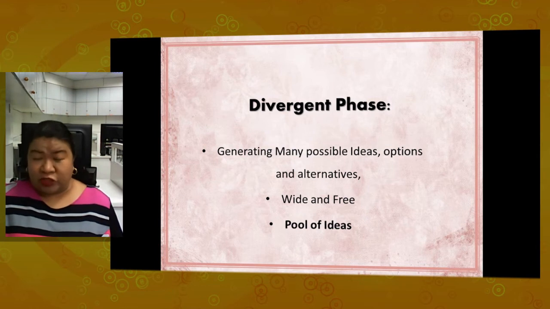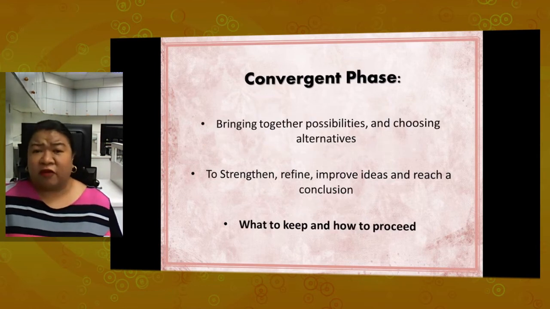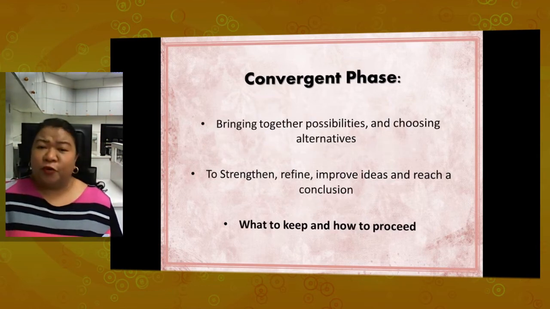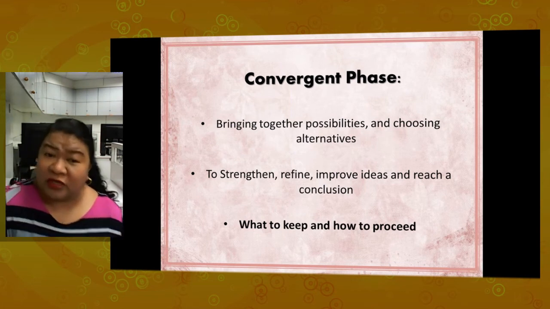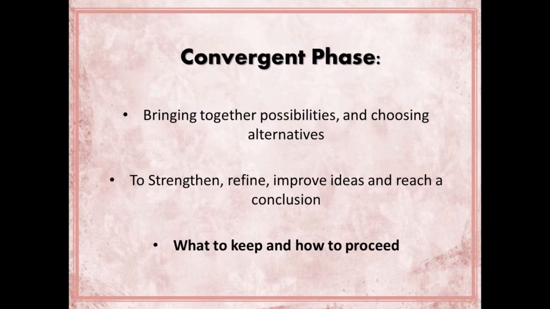So that is divergent. And at a certain part of problem solving, you enter into a convergent phase. Divergent is moving out to different choices and as many ideas. Convergent now is bringing together possibilities and choosing alternatives.